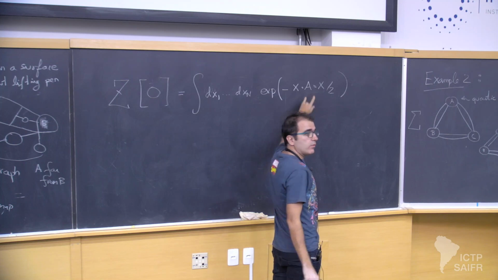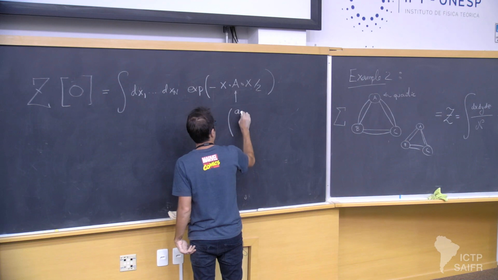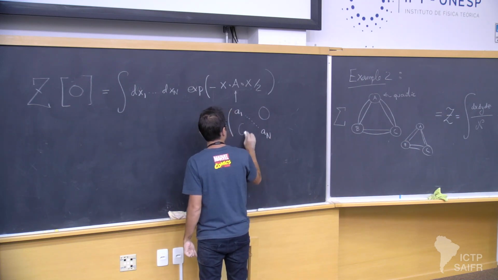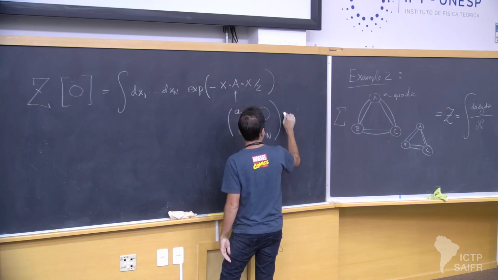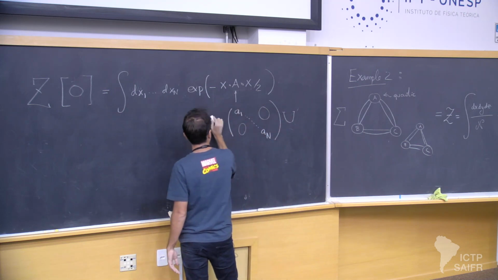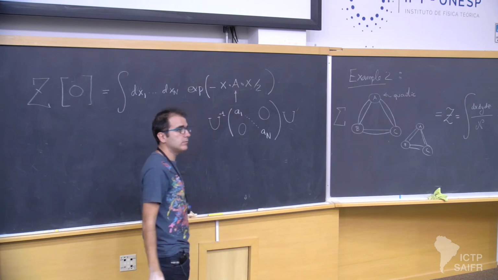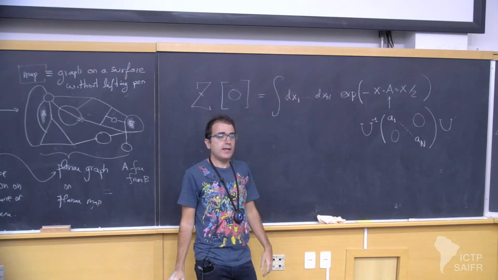So I can write this matrix A as a diagonal matrix with A1 up to AN, zeros elsewhere, times some diagonalization matrix, say U, and U minus 1. U is just a rotation matrix.